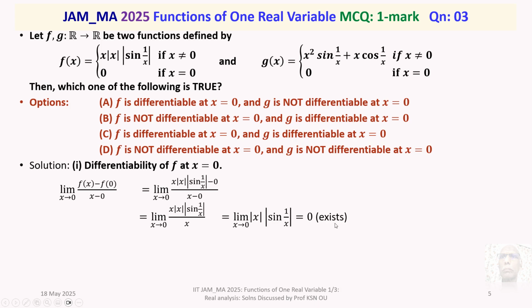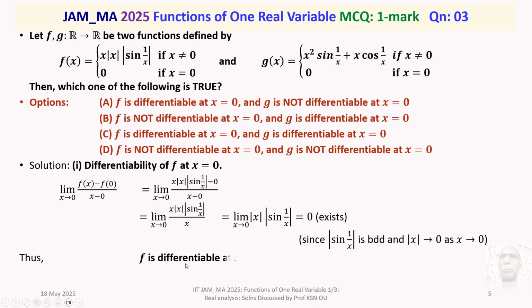How? We can see mod of sine 1 by x is bounded and mod x tends to 0 as x tends to 0. Therefore, this exists and is equal to 0 because mod sine 1 by x is bounded and mod x tends to 0 as x tends to 0. That means this limit exists.